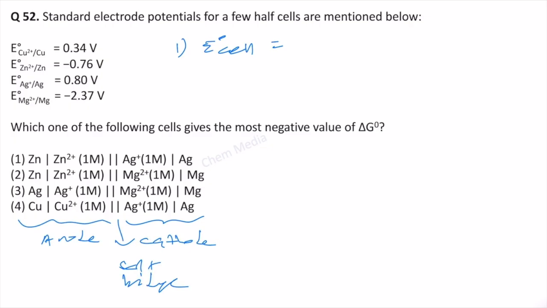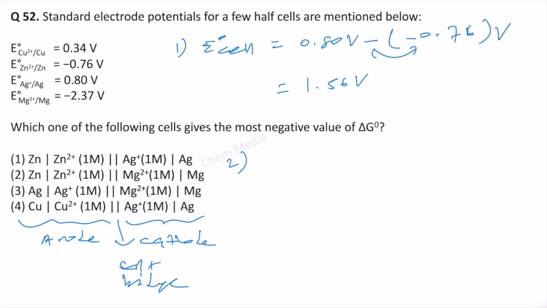E naught of the cell is E naught of the cathode reduction potential, that is Ag plus becoming Ag, so 0.80 volt, minus the reduction potential at the anode, so that is minus 0.76 volt. So together it is 1.56 volt, because negative negative will become positive.